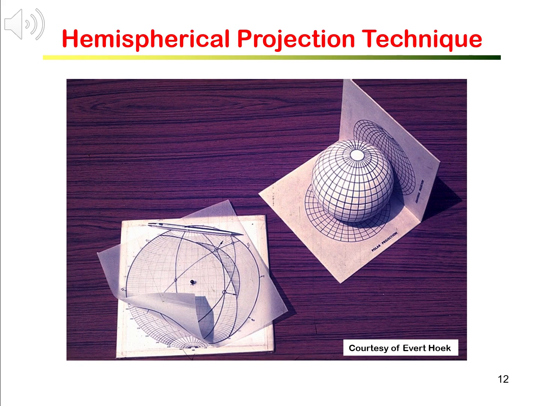We have covered the principle of the lower hemispherical projection method. I want to continue to show how we actually do the projection. Of course, you will find all those projections can now be done by computer. You key in the orientation of the joint planes, and the computer will give you the arcs or the points.